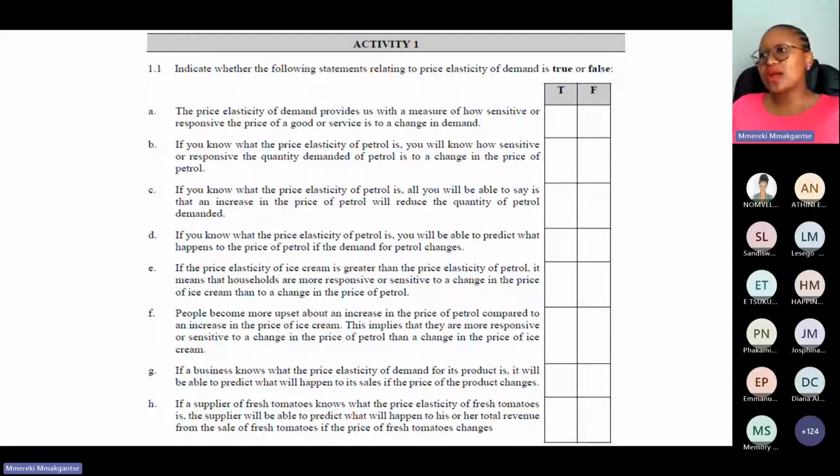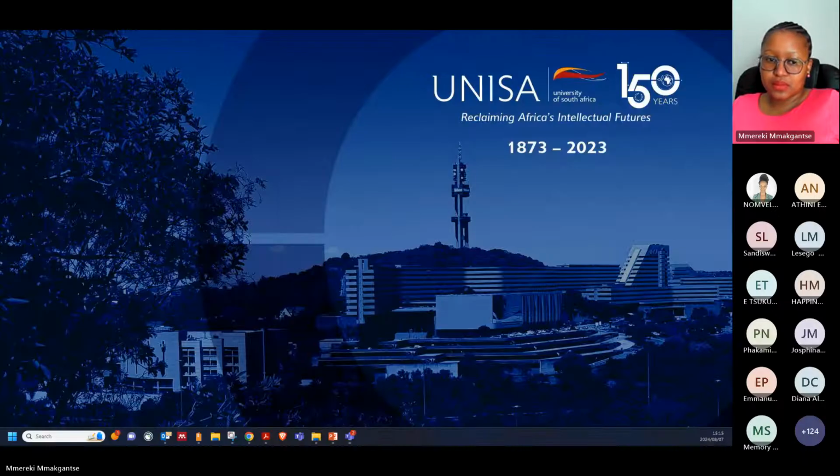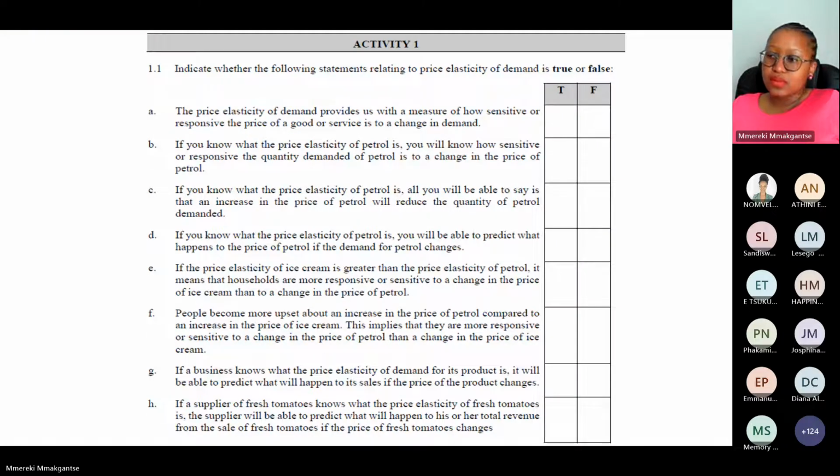B, if you know what price elasticity of petrol is, you will know how sensitive or responsive quantity demanded of petrol is to a change in price of petrol. Remember, price elasticity measures how sensitive or responsive quantity demanded is to the change in price.